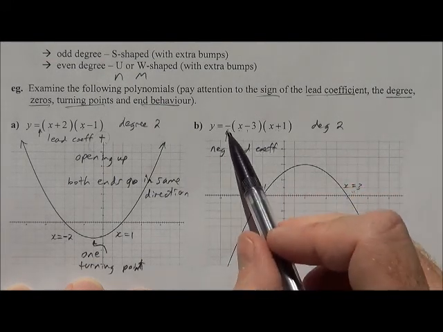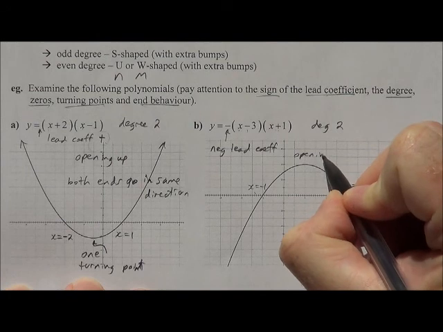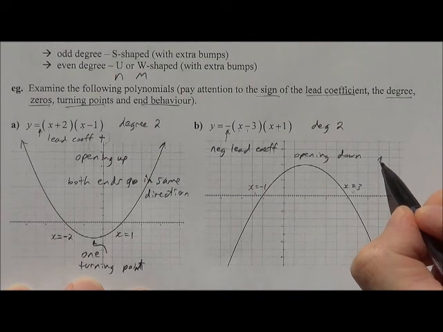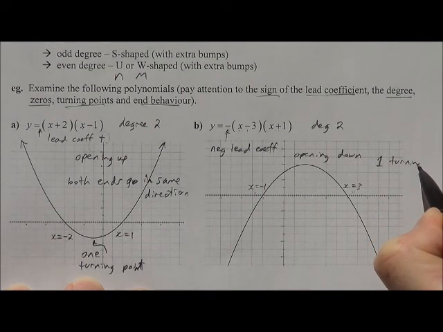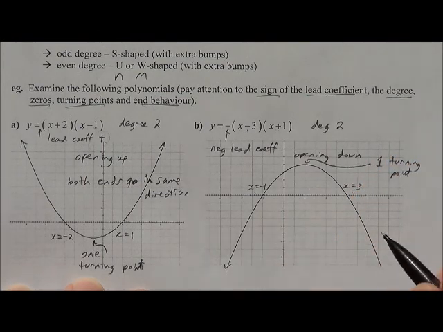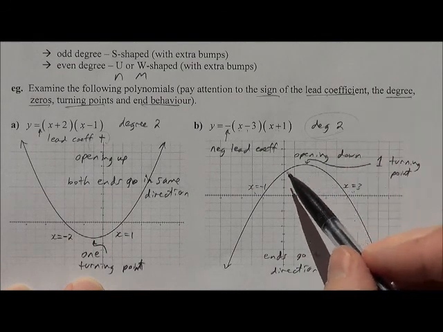With this negative lead coefficient, the parabola is opening down. And we have one turning point, which is right there. The ends are going in the same direction because it's degree 2, and they're going towards negative infinity because it's opening down.